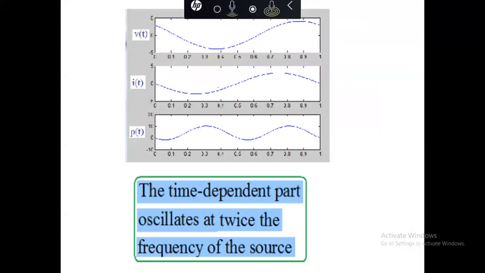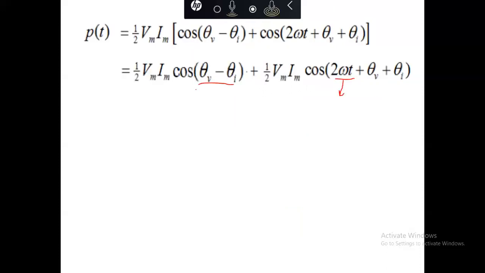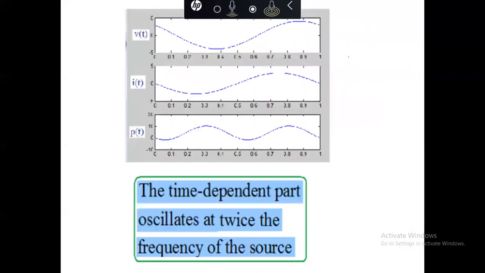The time dependent part oscillates at twice the frequency of the voltage and current waveforms, because you see that this is in fact a function of 2 omega t.